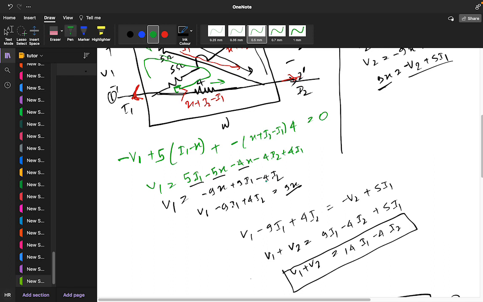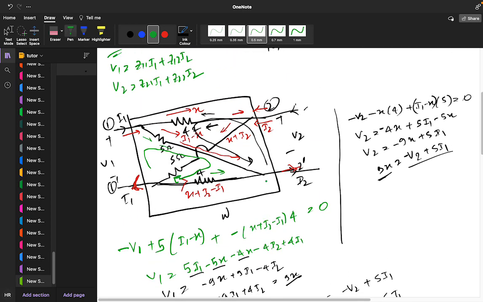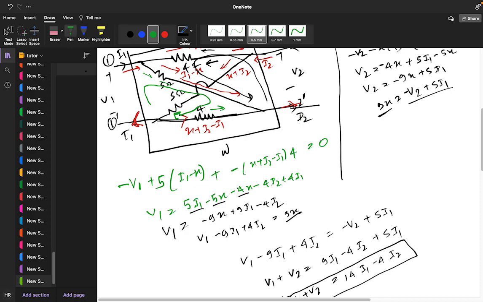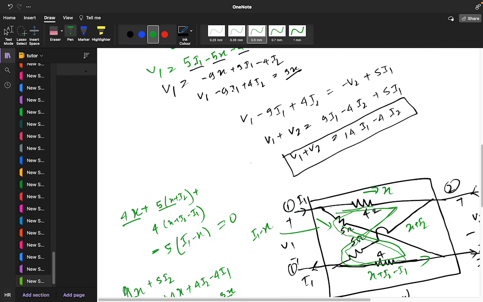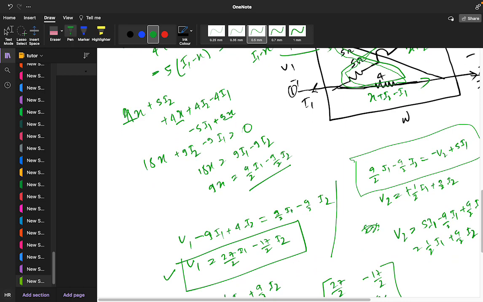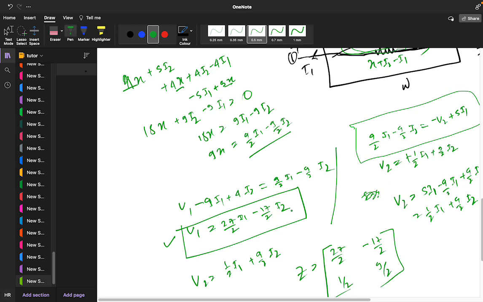Then what is the problem? And the 9x value we are getting is minus V2 plus 5 I1. So that part is okay, that part is clear. And 18x plus 9 I2, 9x we are getting 9 by 2 minus 9 by 2.